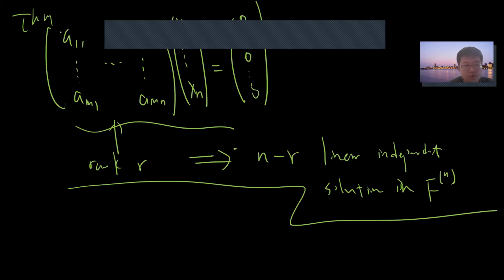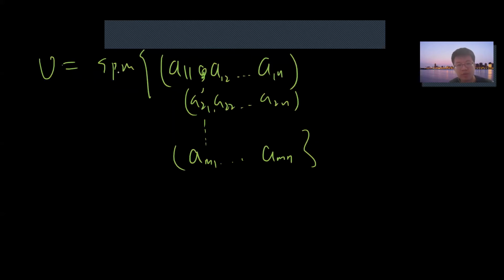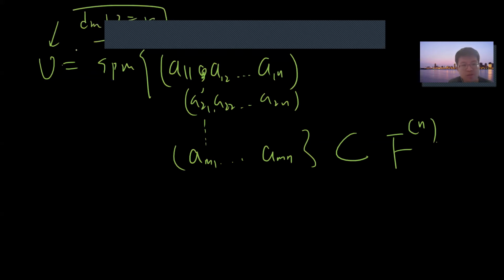So basically, you take all these coefficient vectors and span a vector space, which is a subspace of Fn. And the rank means the dimension of U is R. This is the definition.